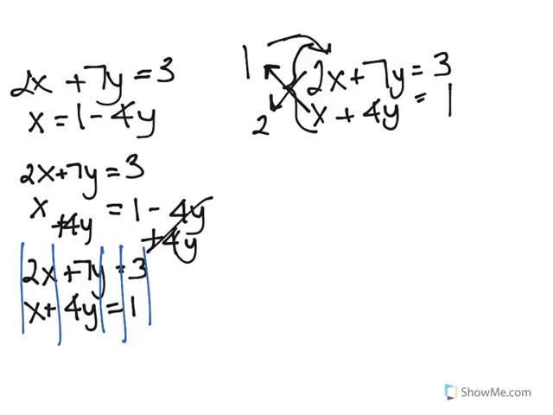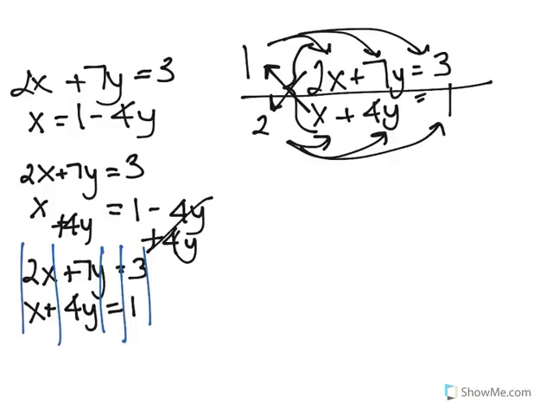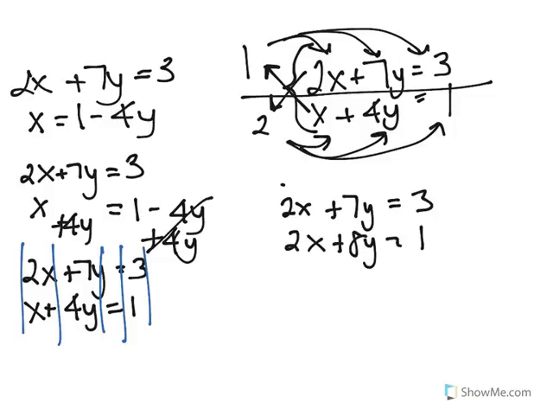Then I'm going to distribute the number outside of the brackets to the numbers inside of the brackets on each of the levels, okay? So I have 2x plus 7y equals 3. And then on my second equation, I'm going to have 2x plus 8y equals 2.